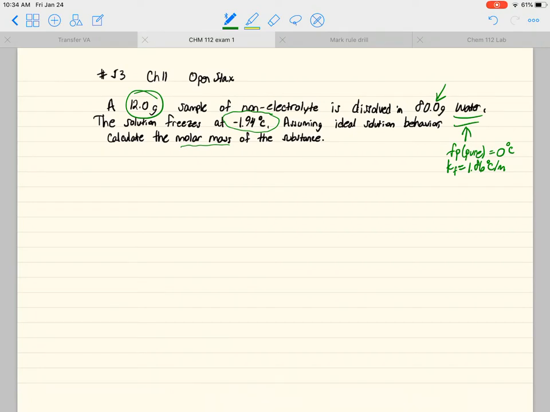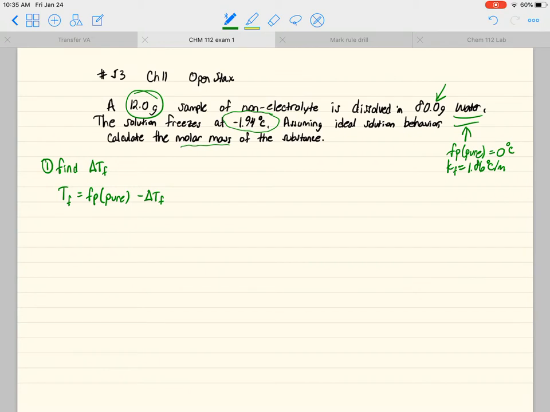So let's go ahead and do the calculations. First, we want to use this formula. We want to find the change in the freezing point, not the actual freezing point. The formula we use is the freezing temperature of the solution is equal to the pure freezing point minus the change in the temperature of the freezing point.